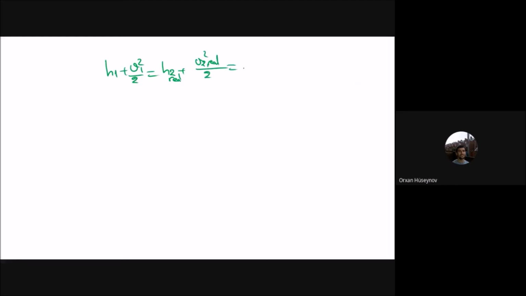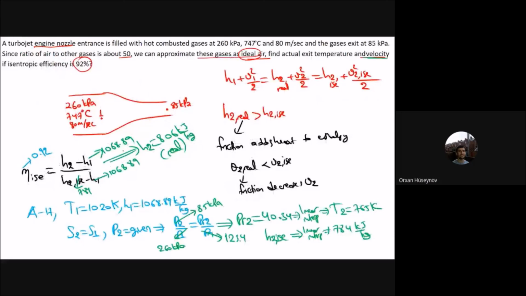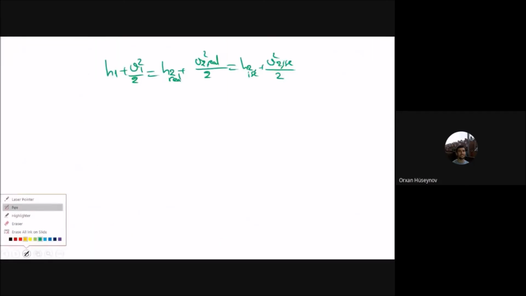That is also the same as H2 isentropic plus V2 isentropic squared by 2. H1 and V1 are given. H1 is 1068, converted into SI units, 1068.89 times 10 to the power of 3 joules per kilogram. And V1 is 80 meters per second.